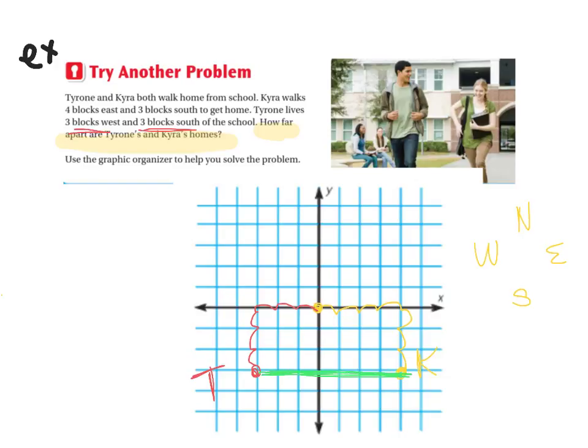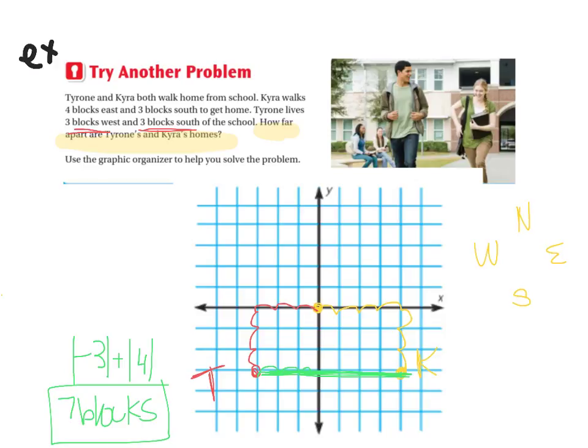And this was chapter 3.9's lesson. So it looks like Tyrone is 1, 2, 3 spaces from 0. So the absolute value of -3 plus the absolute value of Kyra's 1, 2, 3, 4 spaces from 0. So they are 7 blocks apart.